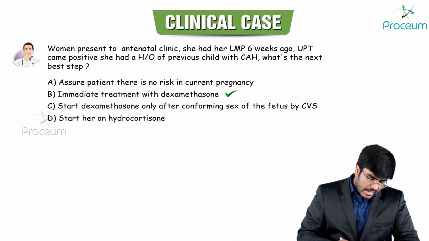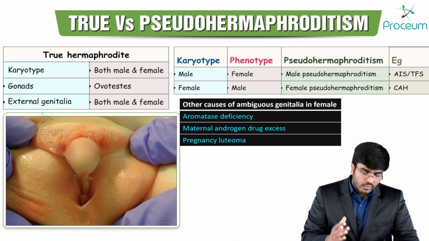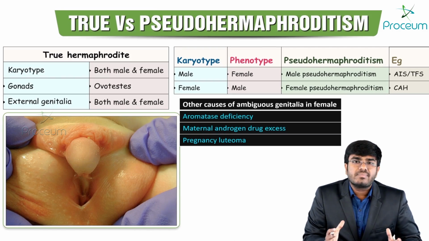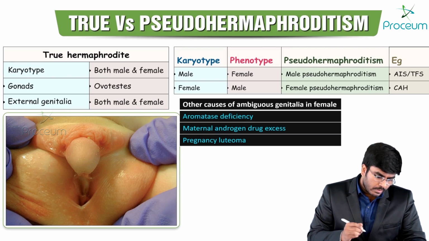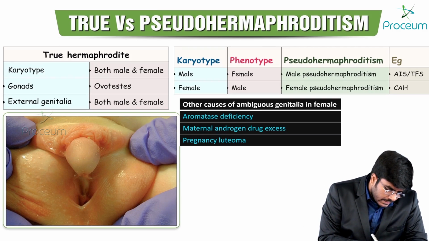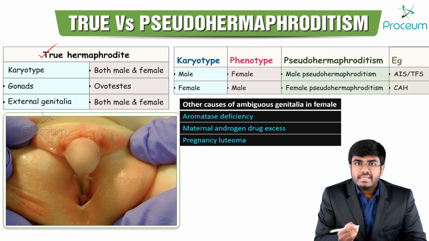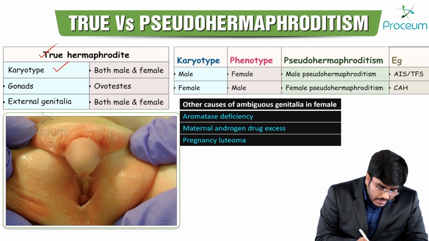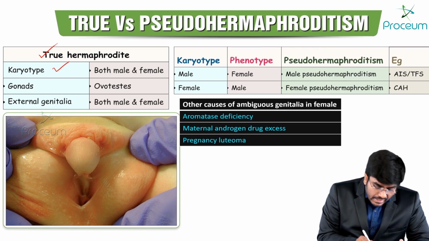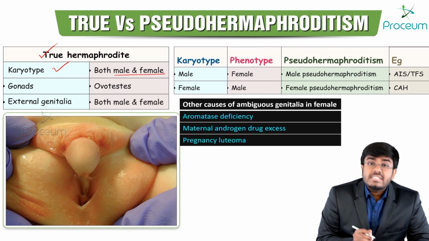Okay, after this, let's talk about true versus pseudo hermaphroditism, which is very important. Now, please concentrate on what exactly is meant by true hermaphrodite. True hermaphrodite means karyotypically both male and female karyotype is present.